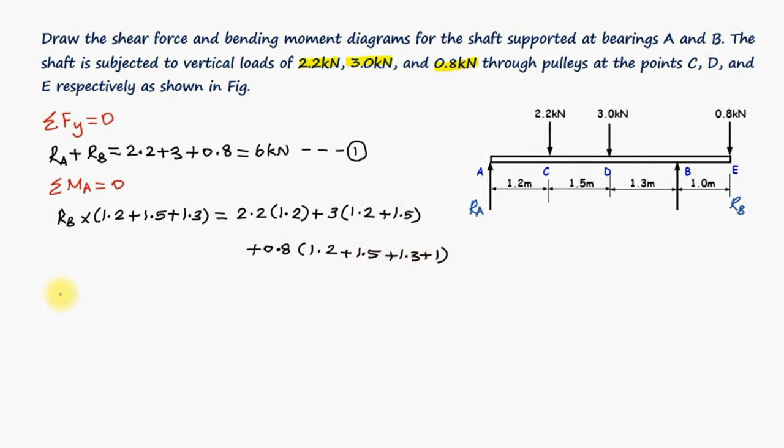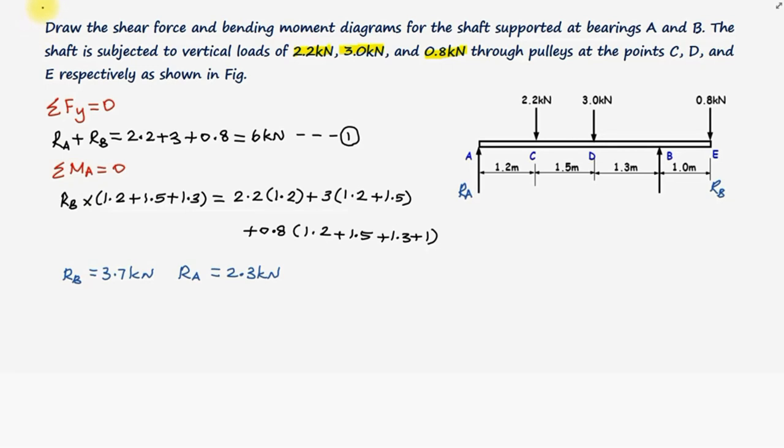On calculation, we obtain the reaction exerted by the bearing B, RB, is equal to 3.7 kilonewtons. Plugging this value in equation number 1, we obtain RA, that is the reaction exerted by the bearing A, is equal to 2.3 kilonewtons.